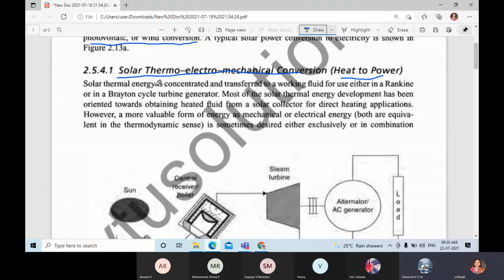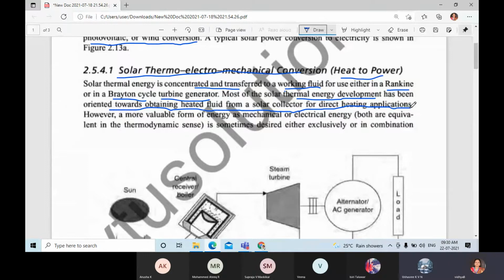First, the solar thermal is concentrated and transferred to the working fluid, either by Rankine cycle or Brayton cycle turbine generator. Most of the solar thermal energy development has been oriented towards obtaining heated fluid from a solar collector for direct heating application.